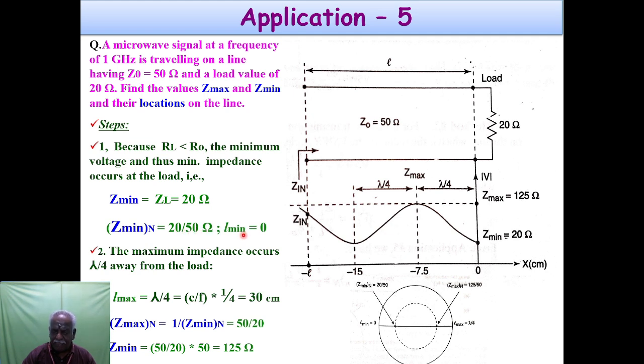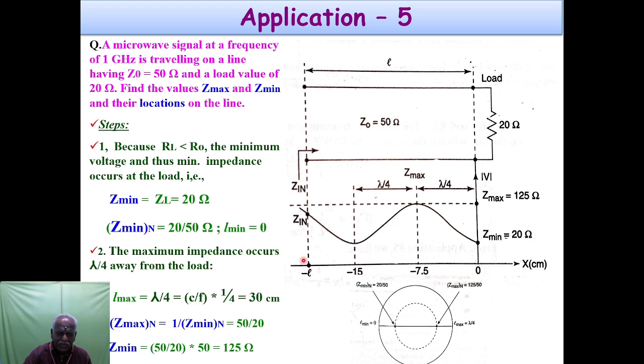L minimum is equal to 0, that means the minimum value Z minimum is here. The small l represents the length, capital L represents the load. So L minimum is equal to 0. The minimum value of the impedance is determined and its position is also determined.